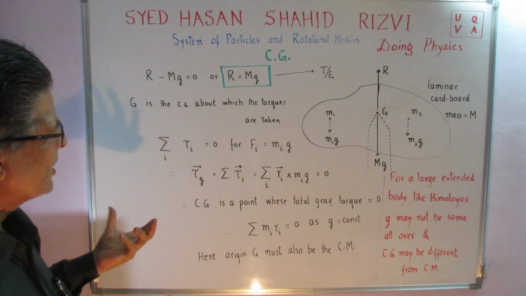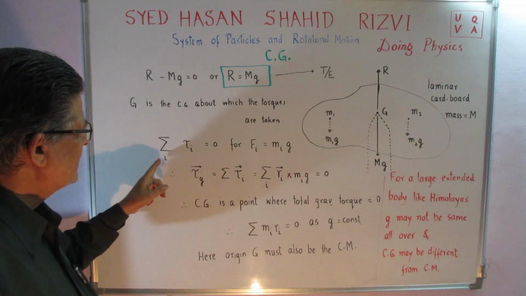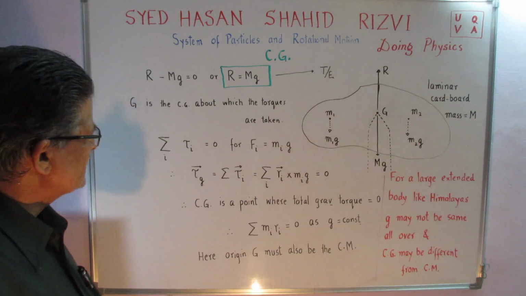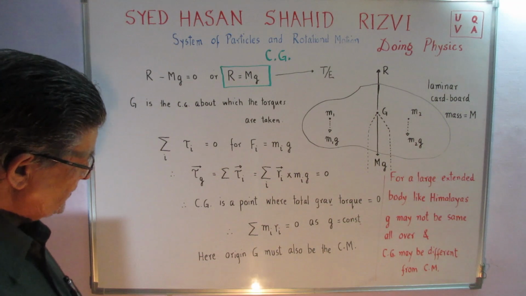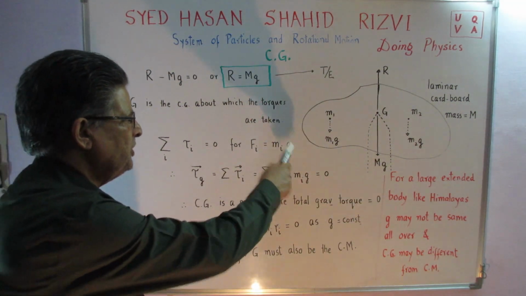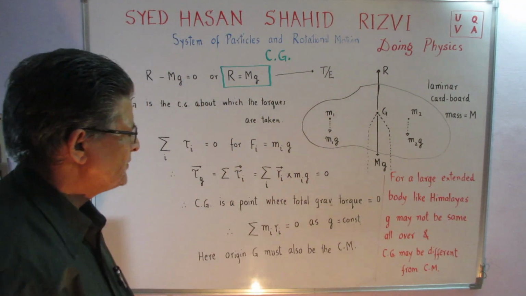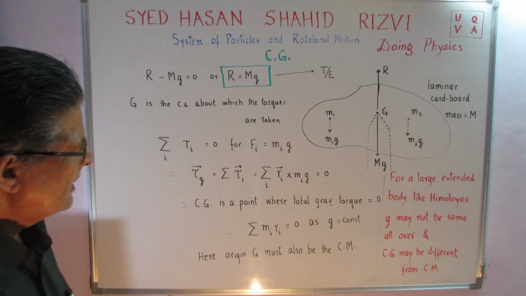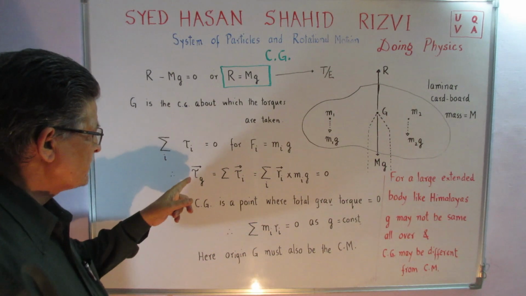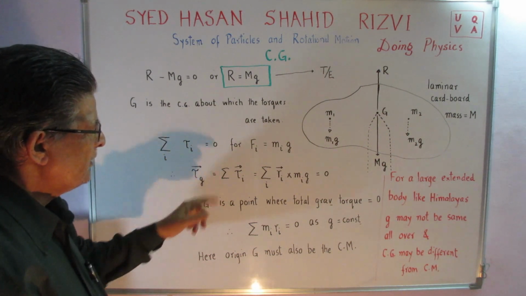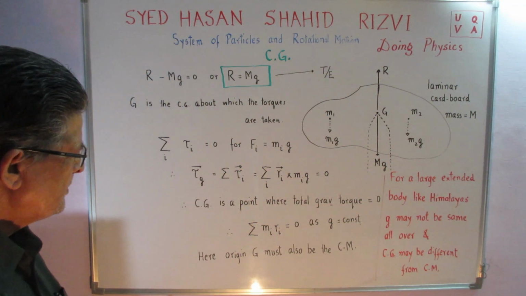If we take the torques, then I find that the sum of all the torques is equal to 0, because Fi is equal to mi into G. For any force applying on any mass mi due to the gravitational field G, the torque gravitation is equal to sigma torque i, all torques put together.